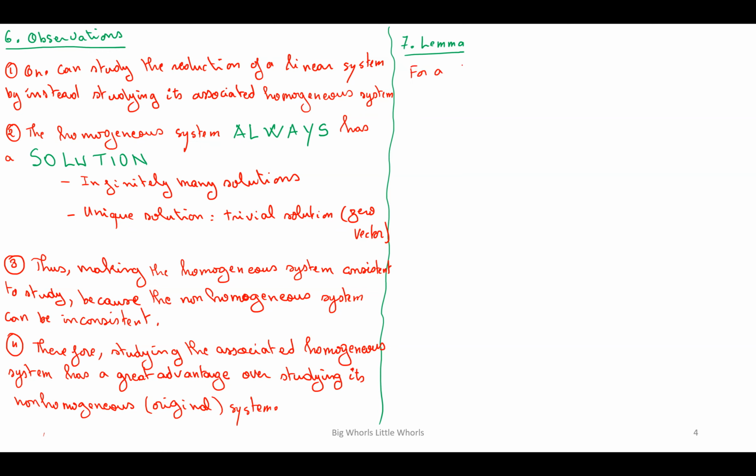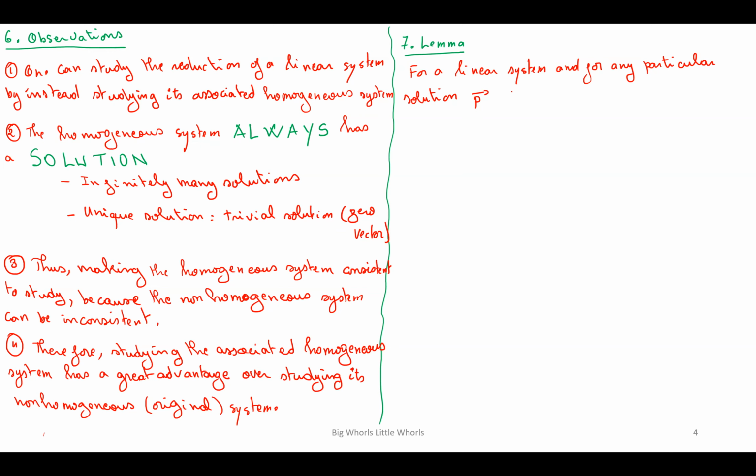For a linear system and for any particular solution P. From now on, when we say particular solution, you know what we mean. Okay, the constant vector, the vector that is not being multiplied by any scalar. Okay, that's the constant vector.